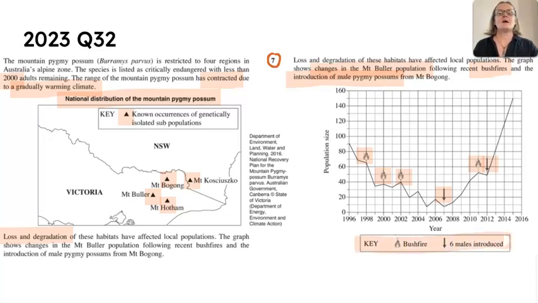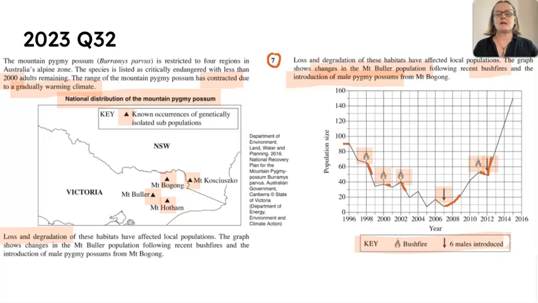And you can see, if we just have a little think about what's happening here already, every time there's a bushfire, there is a big drop in the population. And each time there is an introduction of new males, there are increases in the population. There are some interesting bits here.